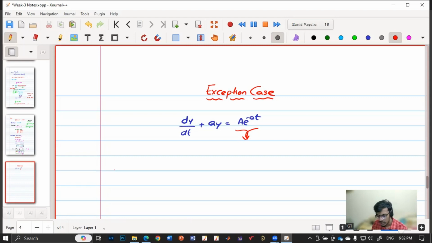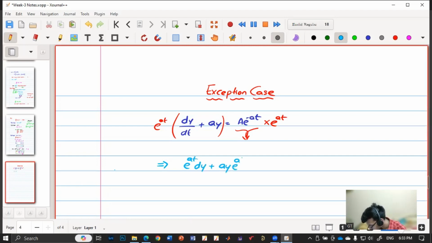We'll find out. We'll again use our classical approach of multiplying by e to the power at on both sides, and we'll see. So we'll first multiply by e to the power at here, and also e to the power at on the other side, and we'll see how we are getting the expression. So we'll get e to the power at dy plus ay e to the power at dt is equal to a dt.